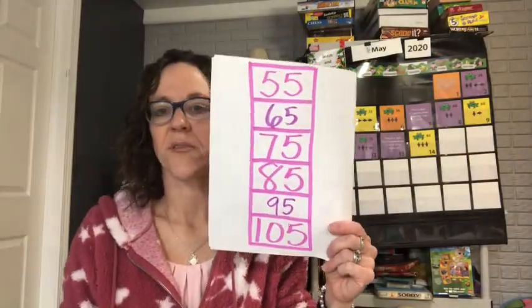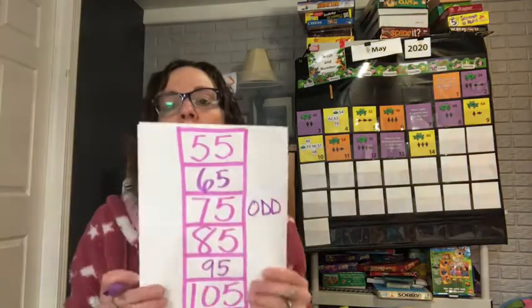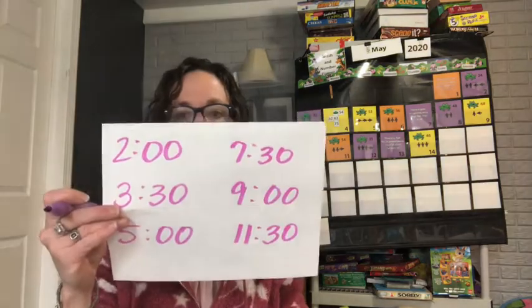You're right, 95. All right, let's count. 55, 65, 75, 85, 95, 105. And I heard somebody yell, those are odd numbers. You're right, they're odd numbers. 1, 3, 5, 7, 9, right? Odd numbers. Okay, last thing on our list here is times today.